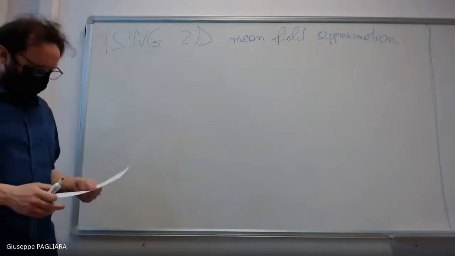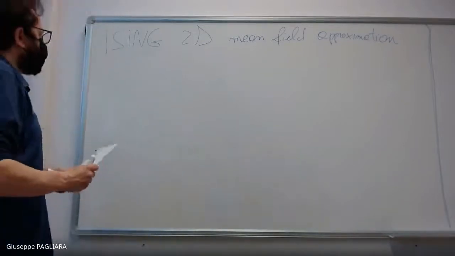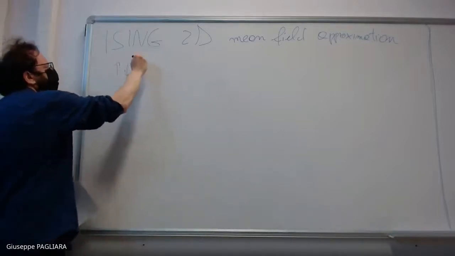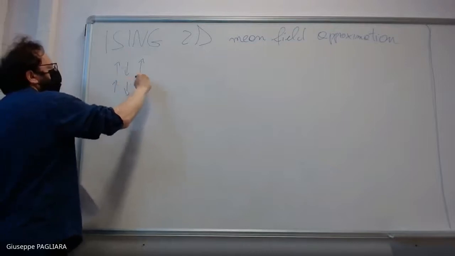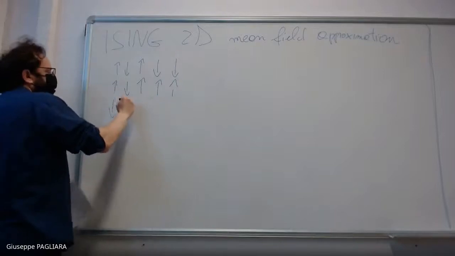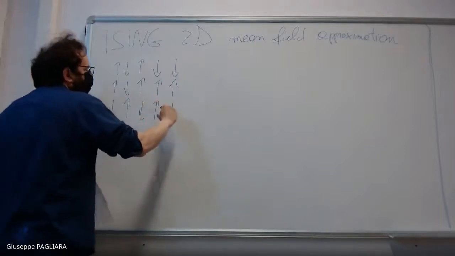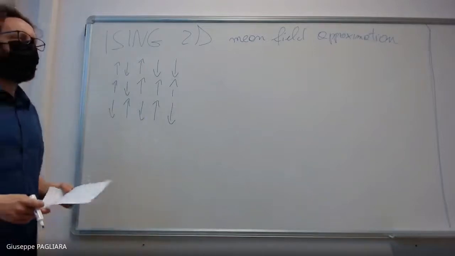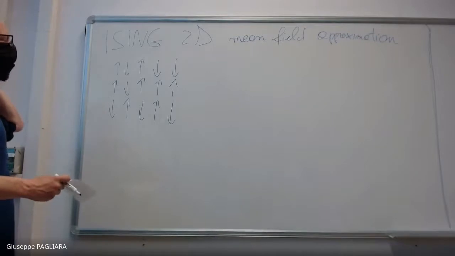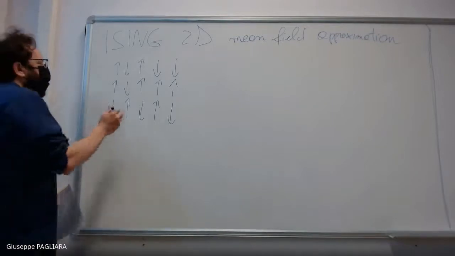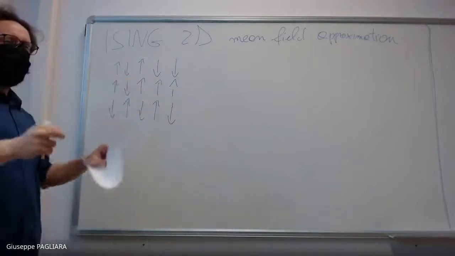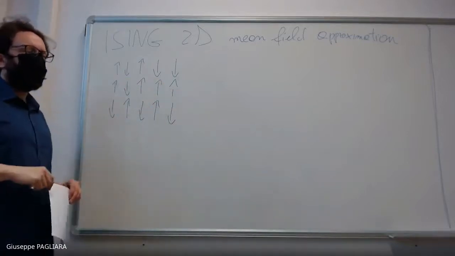So the starting point is to write down the Hamiltonian. Okay, first of all, the situation we are looking at is something like this. So we have a lattice of particles that have these 2 degrees of freedom, the degrees of freedom associated with the spin, which could be up and down, or plus and minus. And now, what is the difference with respect to the previous case? In the previous case, we had just a linear chain, which was then connected via periodic boundary conditions.